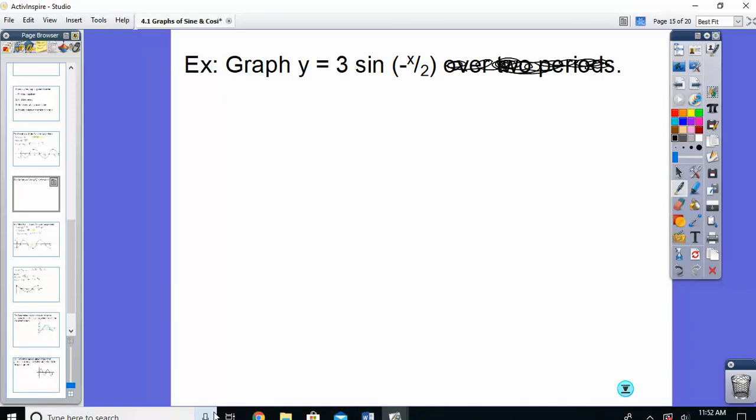Okay, we talked about that even and odd. That's so that we don't have to worry about reflecting over the y-axis. Sine is even or odd? Odd. So what does that mean we do if there's a negative? We take it out to the front. If it was cosine, we would just drop the negative and ignore it altogether. So I'm going to rewrite this as a negative 3 times the sine x over 2. I'm going to go ahead and just write that as 1/2 x.